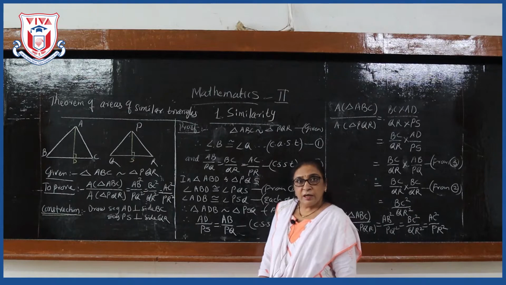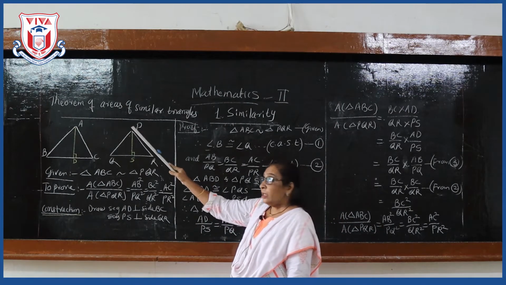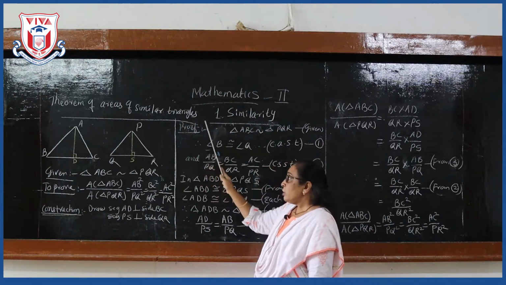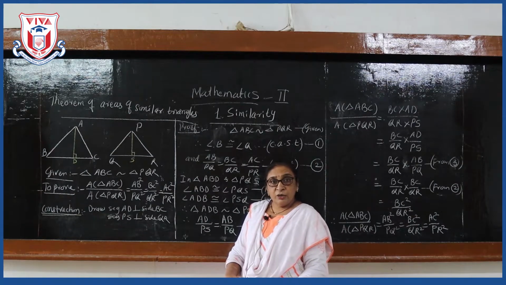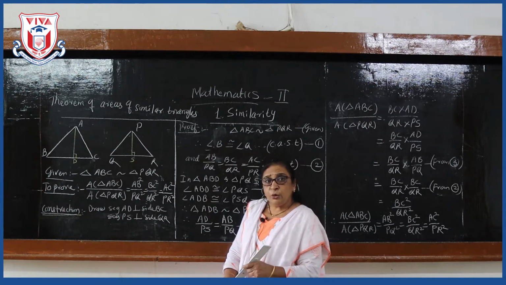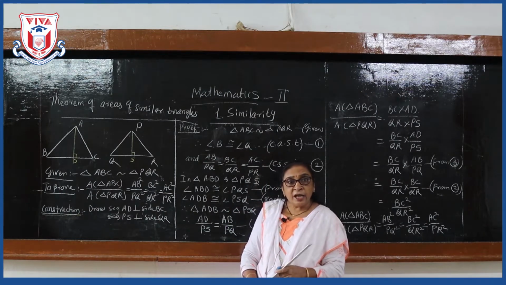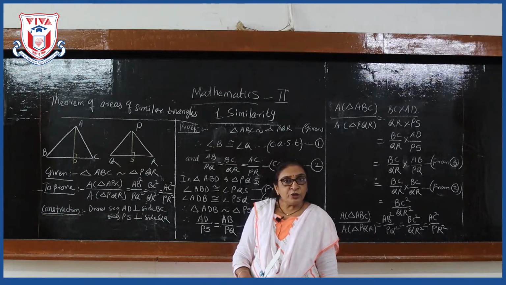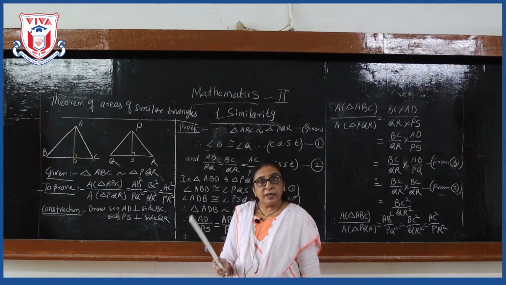The last but important theorem of this chapter is the theorem of areas of similar triangles. You just see the statement in the textbook that if two triangles are similar, then their areas are proportional to the square of their corresponding sides.